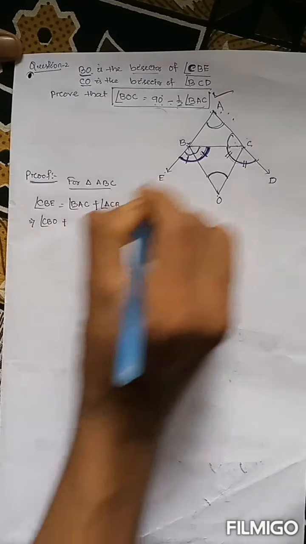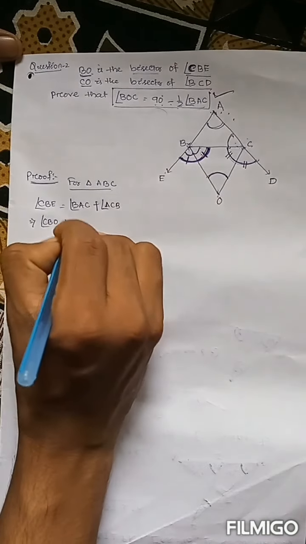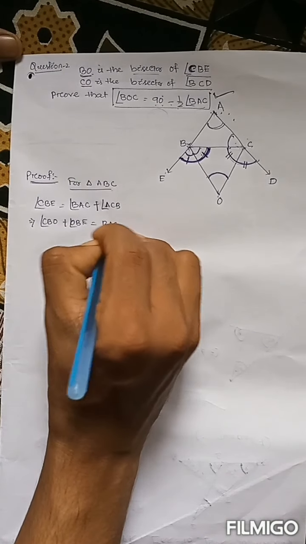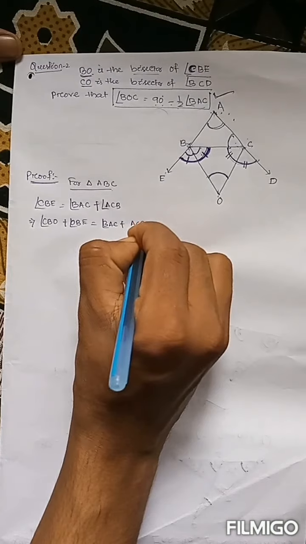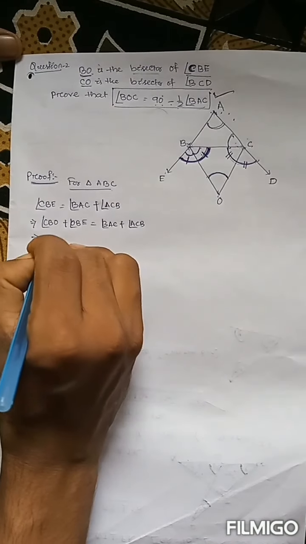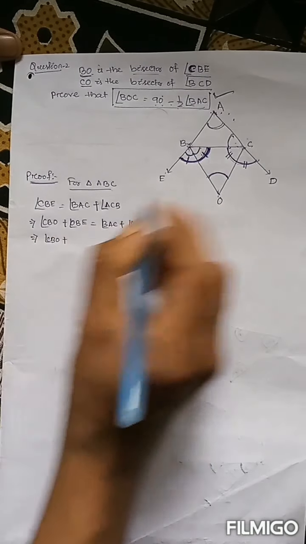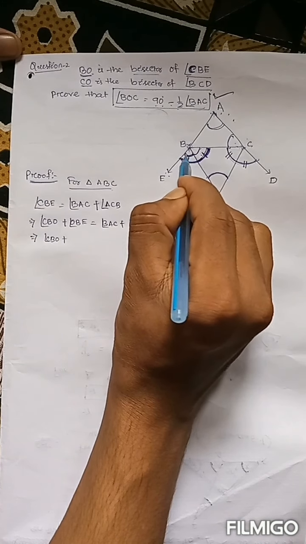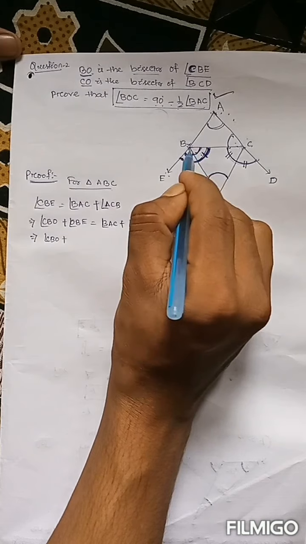CBO plus this angle means OBE is equal to BSC plus SCB. Right. Now, in the place of OBE, that means this angle is equal to this angle, yes or no? Yes, because this is the bisector.